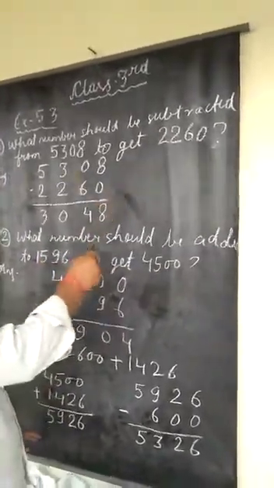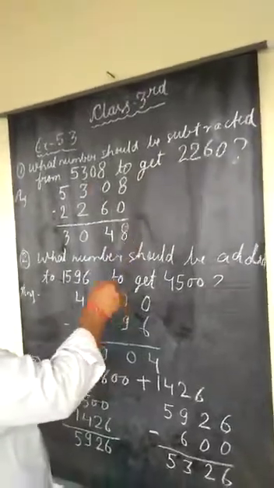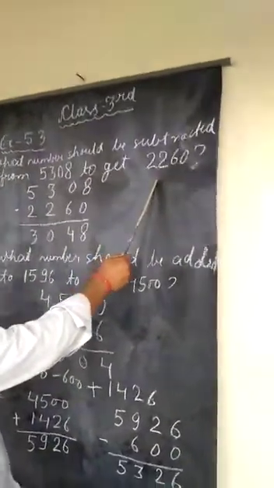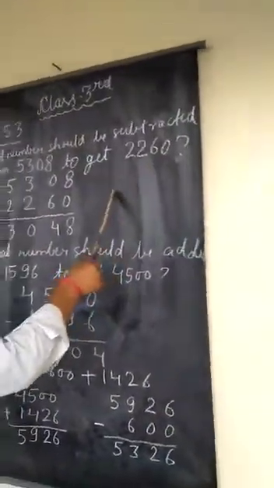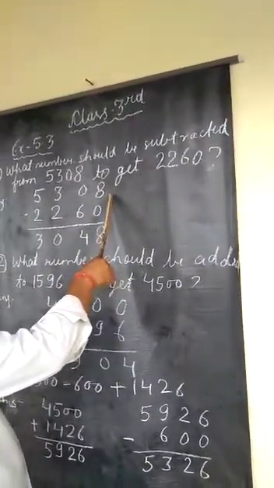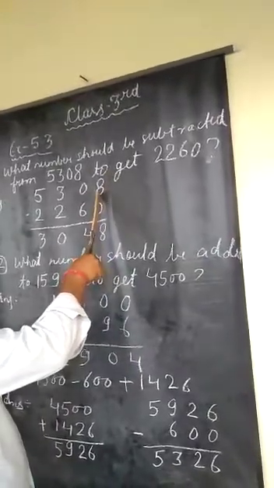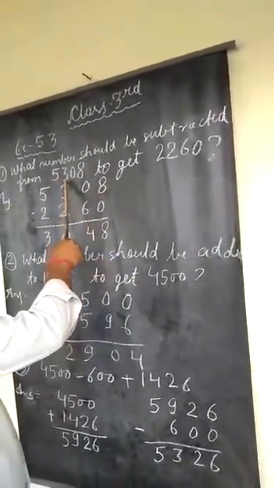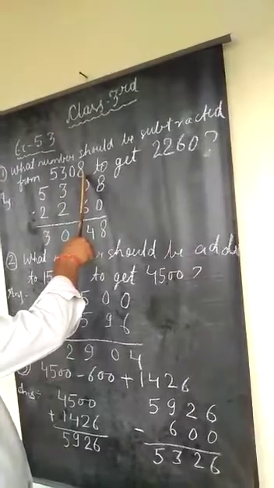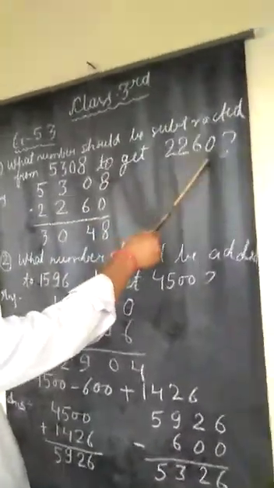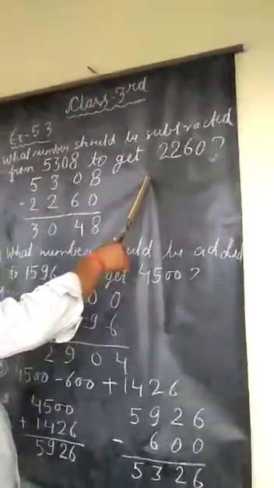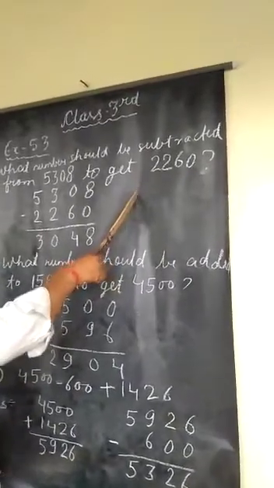In the first question, what number should be subtracted from 5308 to get 2260? This question can be written in other ways: 5308 is how much more than 2260, or how much less is the number from 5308.